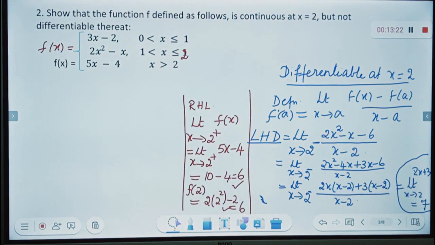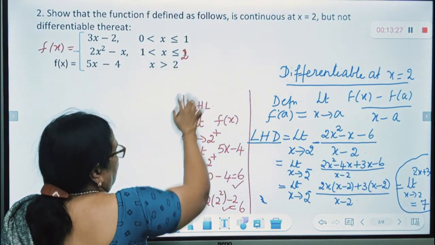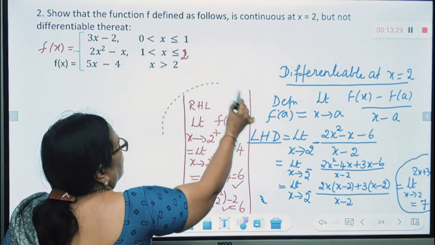Now we have the left hand derivative and we are going to see the right hand derivative.